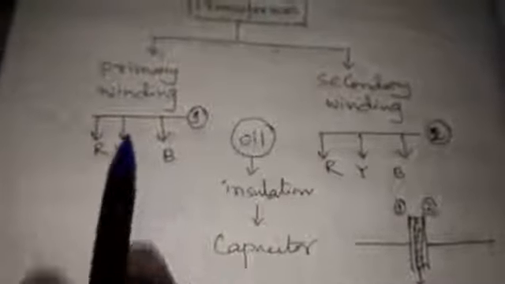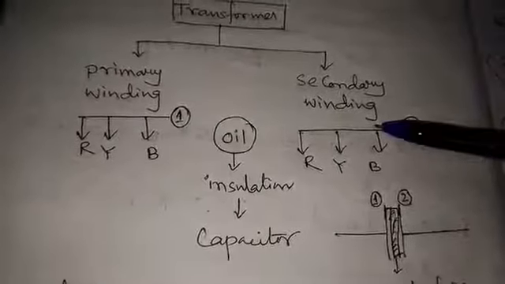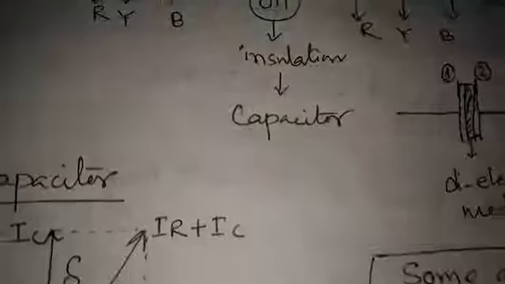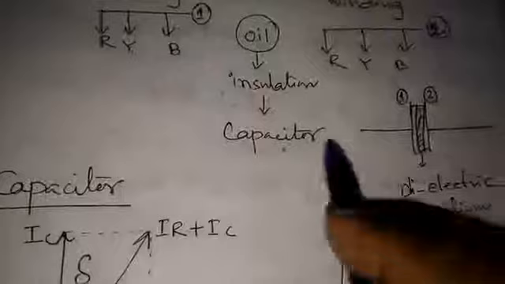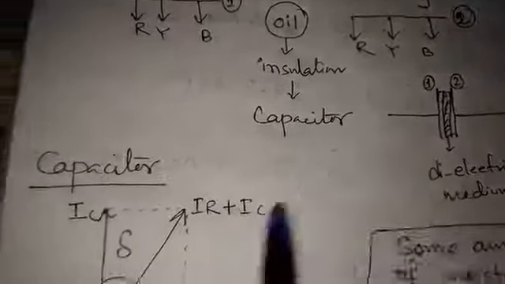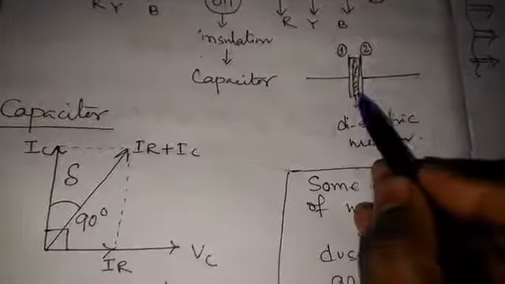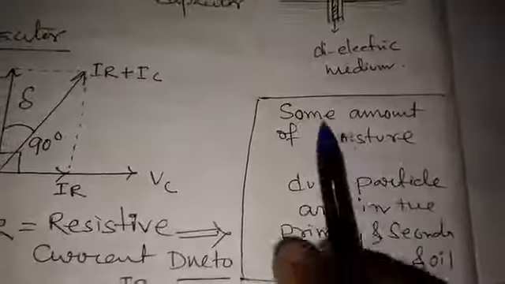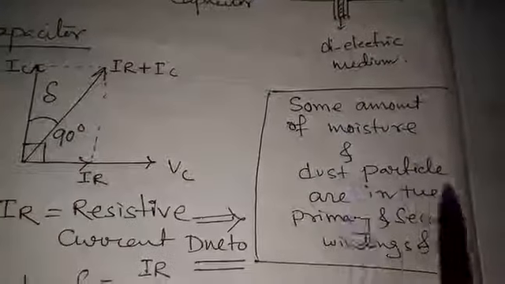So in the case of the transformer, the primary winding is one plate and the secondary winding is the other plate, and oil is the dielectric. Here the capacitor has a dielectric medium in between the two plates.